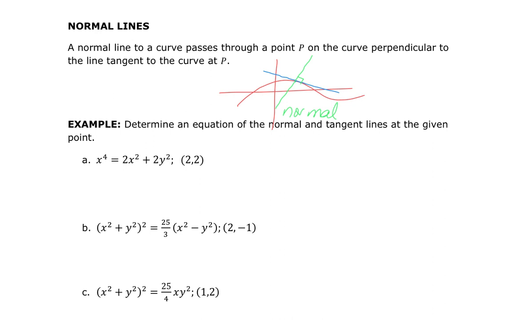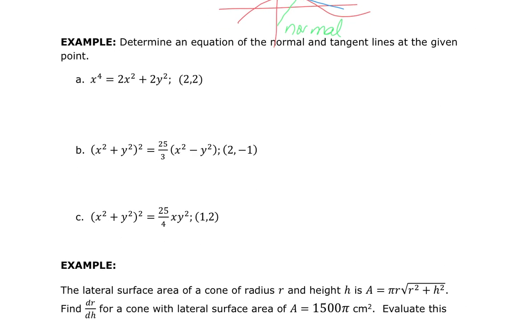So this is what I know: if line L1 has a slope of m, and line L2 has a slope of -1/m, then line 1 and line 2 are perpendicular. Okay, so for this, we're asked to find the equation of the normal and the tangent lines.